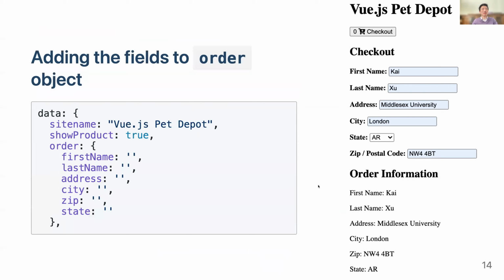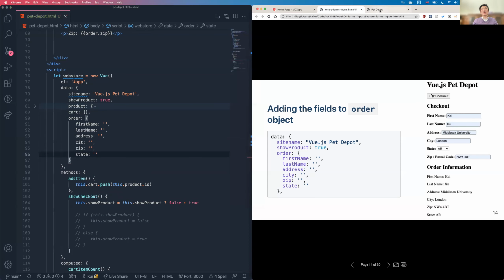We can add all these properties to the order object: the address, city, zip code, and state. So we're going to have address, city, zip code, and state. Now I'm going to check again.